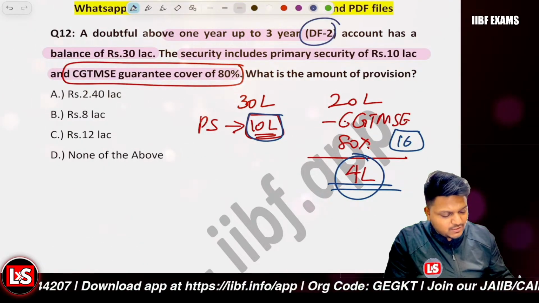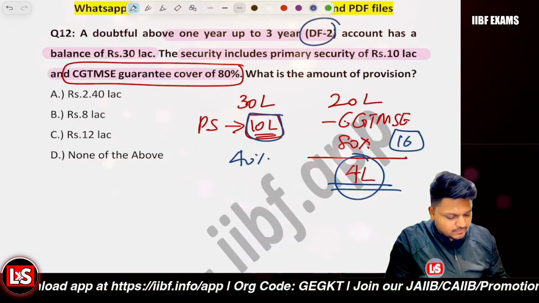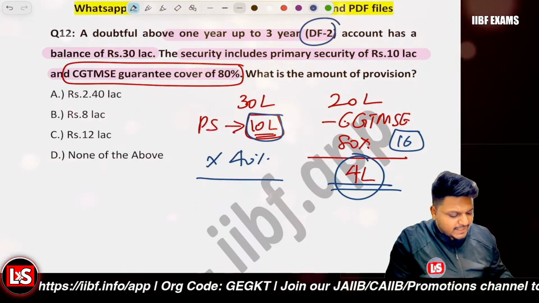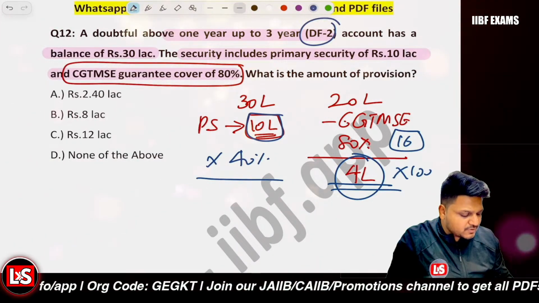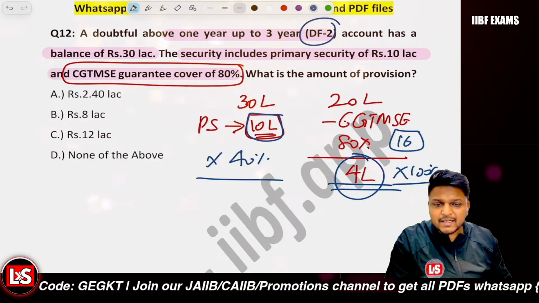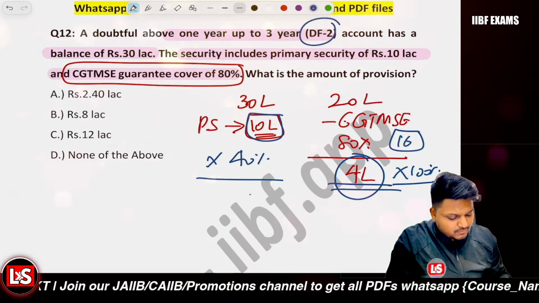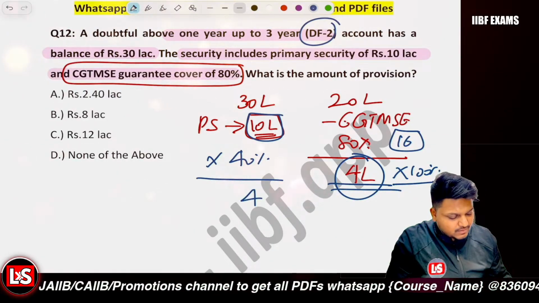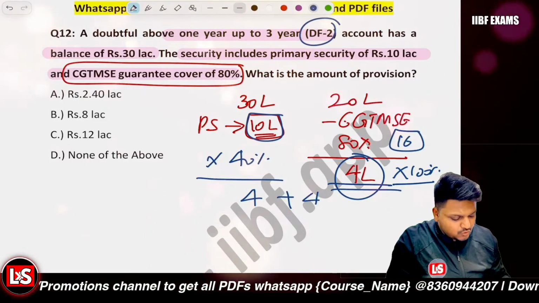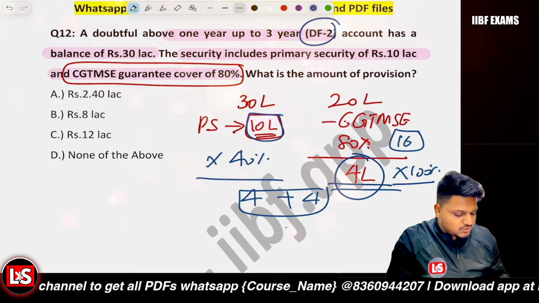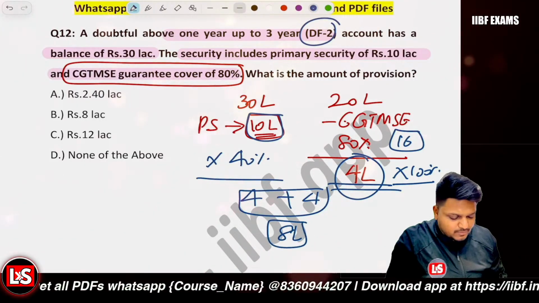It is the DF2 category, so it is 40%, and for the unsecured amount, 100%. So 10 lakh into 40% is 4 lakh rupees, and 4 lakh unsecured is 4 lakh rupees. So a total of 8 lakh of the provision is to be maintained.